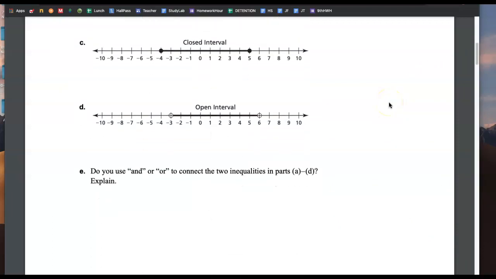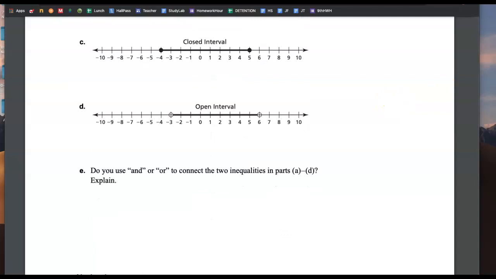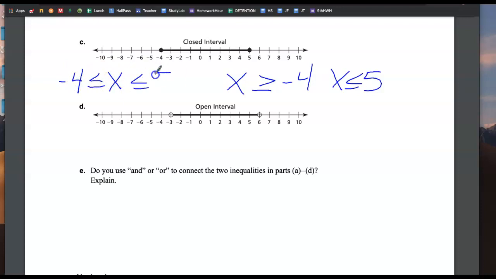Okay, and then for C, what did you have, Lincoln? X is greater than or equal to -4 and x is less than or equal to 5. Good. So if I rewrote this one, it would be -4 is less than or equal to x, which is less than or equal to 5.